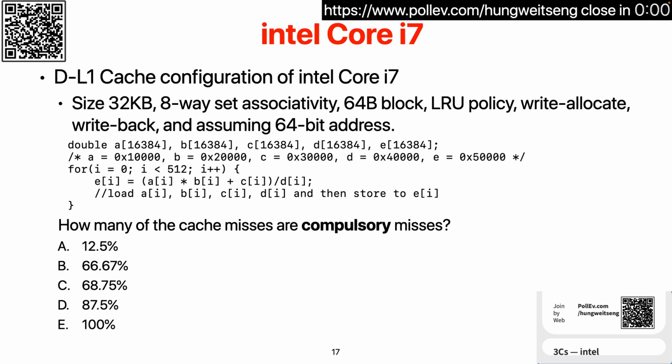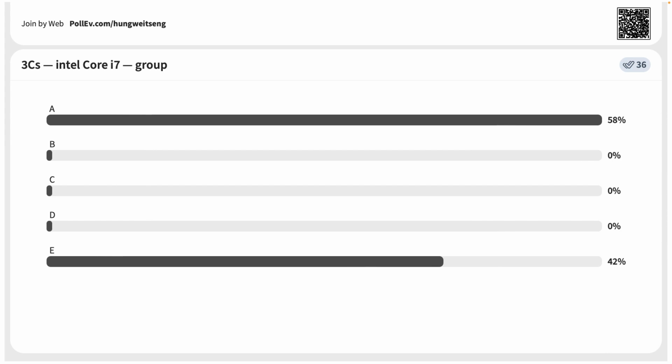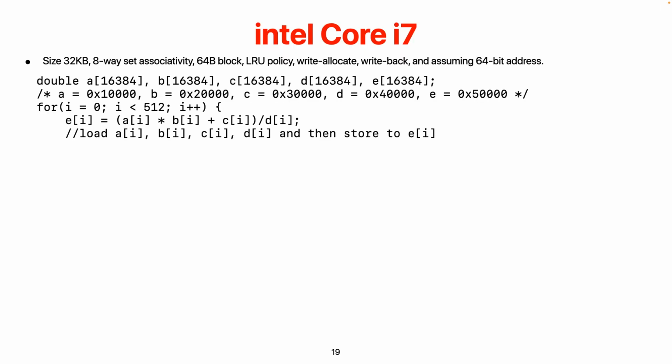All right, after discussion, anything change? More of you think it's A, some of you think it's E. So 58 to 42, 57 to 43, 55 to 45. All right, you know it's live, right?